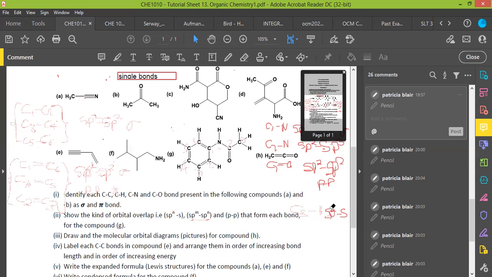By so doing, before you realize it, you will be very good at answering organic questions, because questions are normally repeated, and not only that, the concepts are the same, and the concepts will stick with more practice. You will tend to have very few complications.